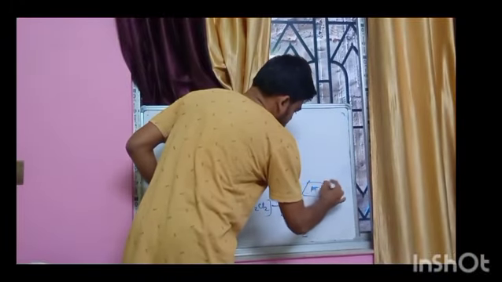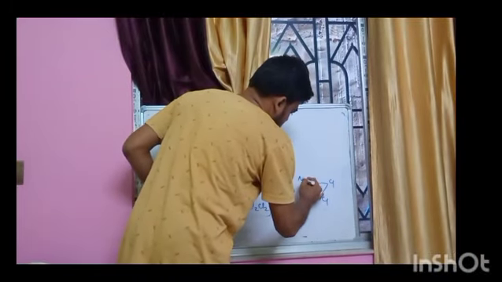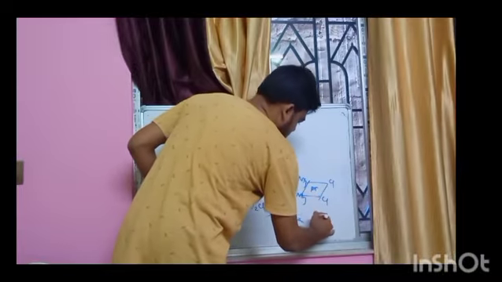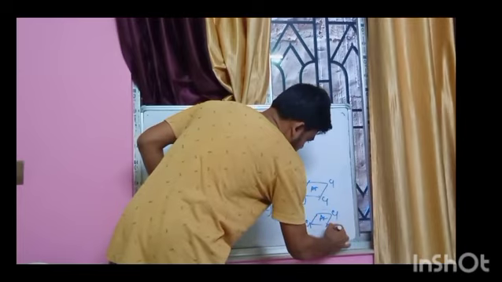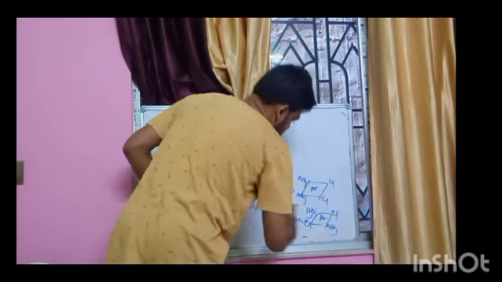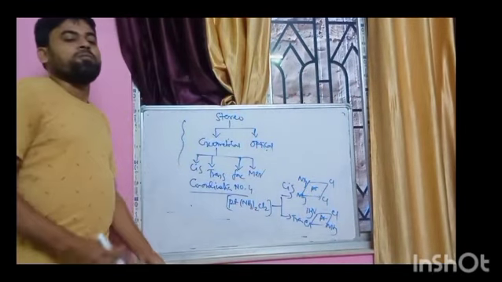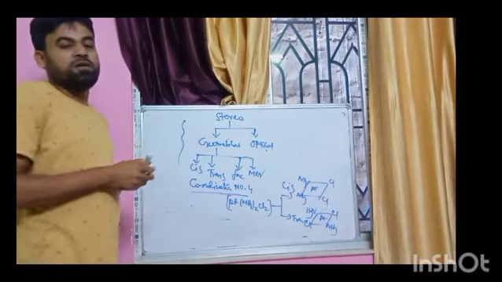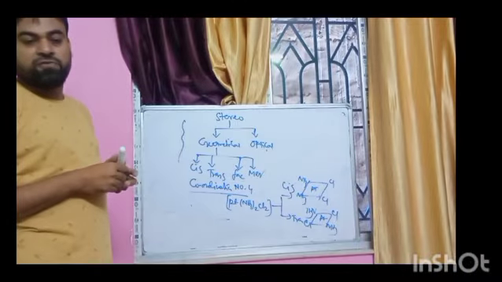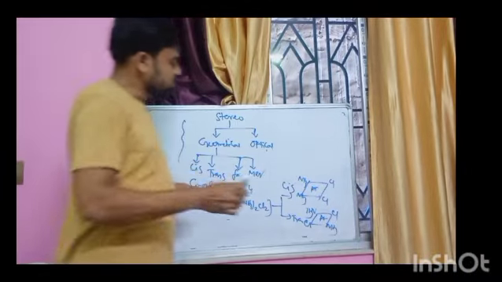Cis is Pt with Cl Cl adjacent and NH3 NH3 adjacent, and trans has them opposite. The cis form is known as cisplatin. Cisplatin is generally used as an anti-cancer drug.